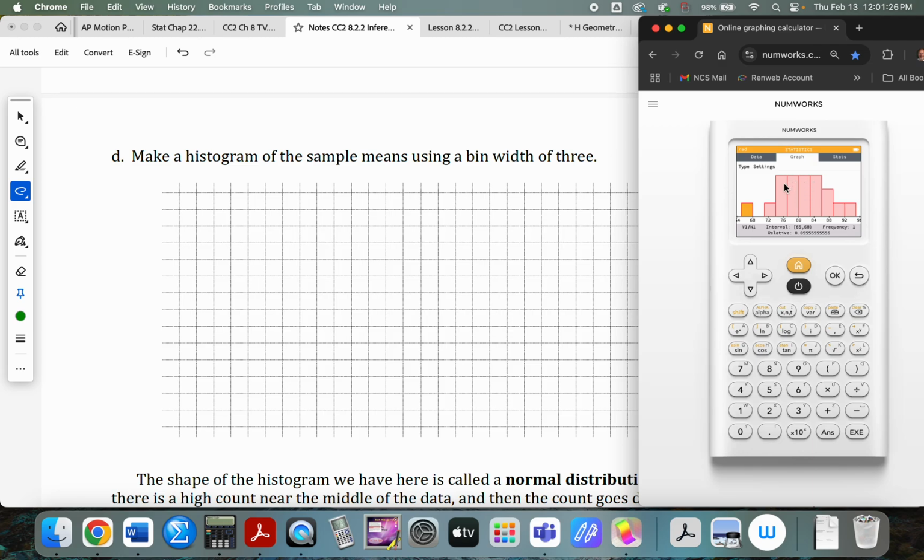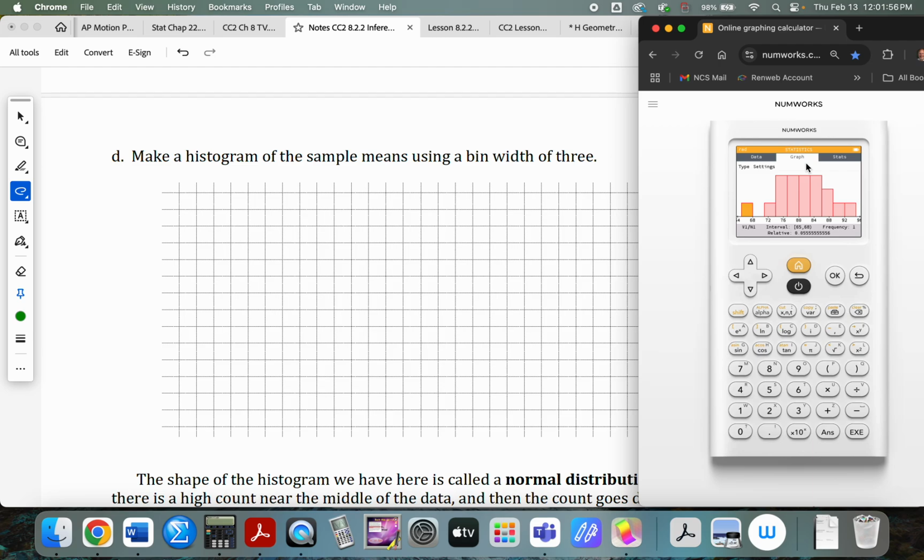This is set up for 25 people to do it, and we only have 1, 2, 3, 4, 5, 6, 7, 8, 9, 18. So we're missing some of them. Well, everyone did 2, right? So we only have 18. If we had more, what we would probably expect is that right here in the middle, this would be a little bit higher.